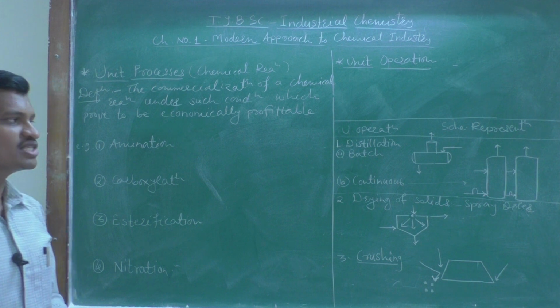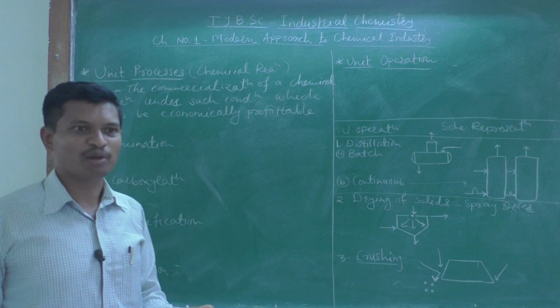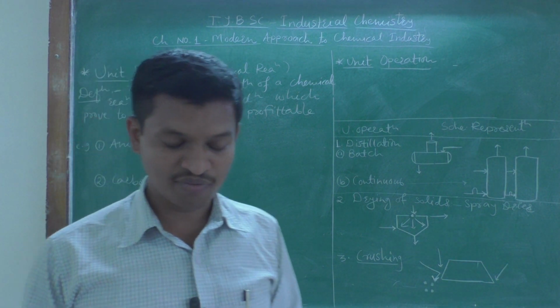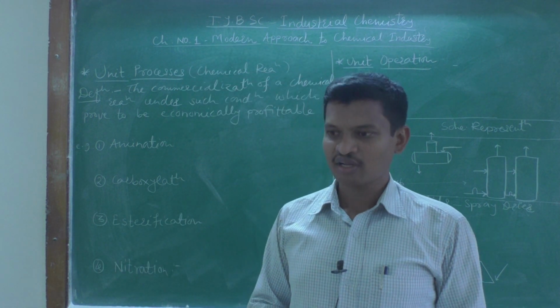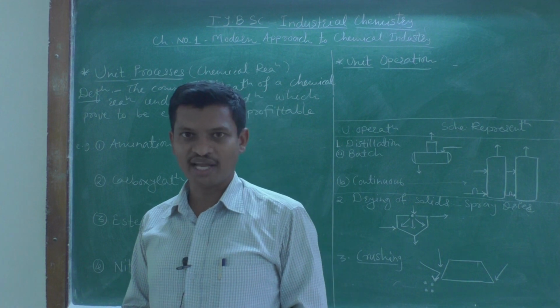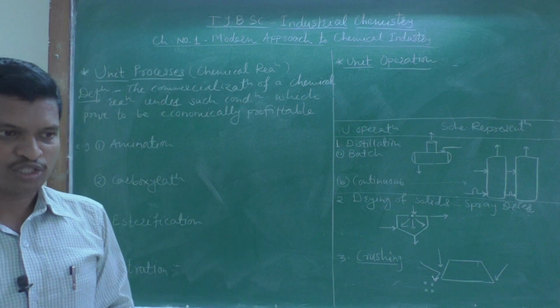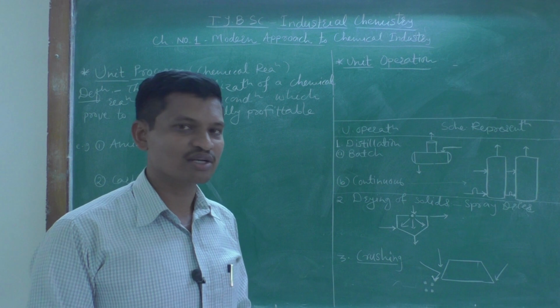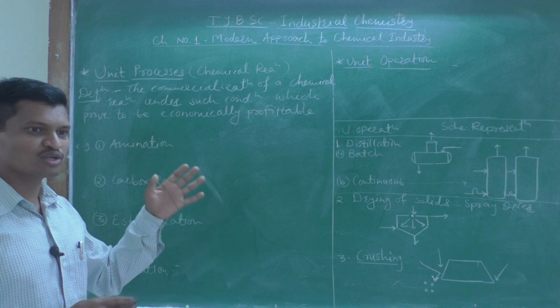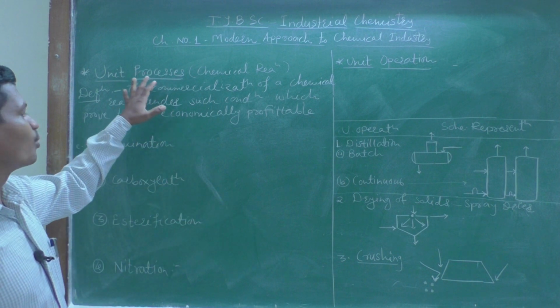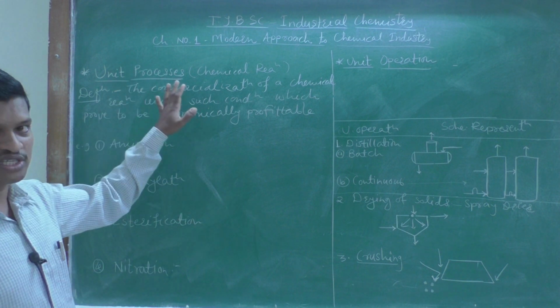Then unit processes, or these chemical reactions, are controlled by different parameters such as temperature, pressure, concentration of the reactants, space velocity, reaction time, etc. All these factors are also responsible for the good performance of that unit process.